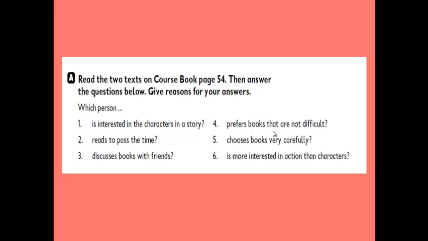Number 1, which person is interested in the characters in the story? Which person reads to pass the time? Which person discusses books with friends? Which one prefers books that are not difficult? Which person chooses books very carefully?